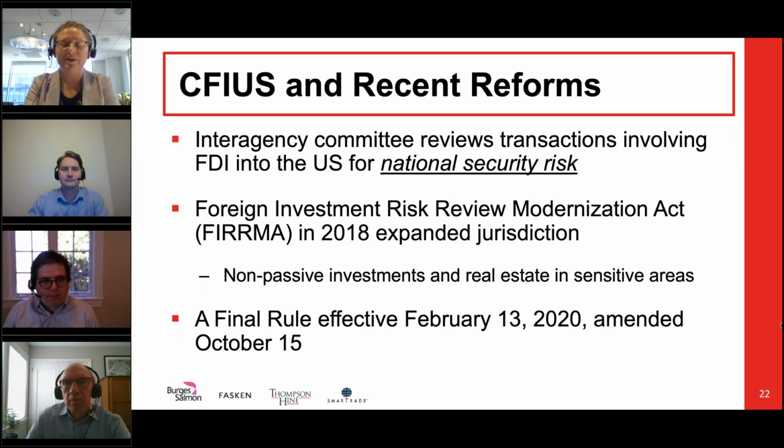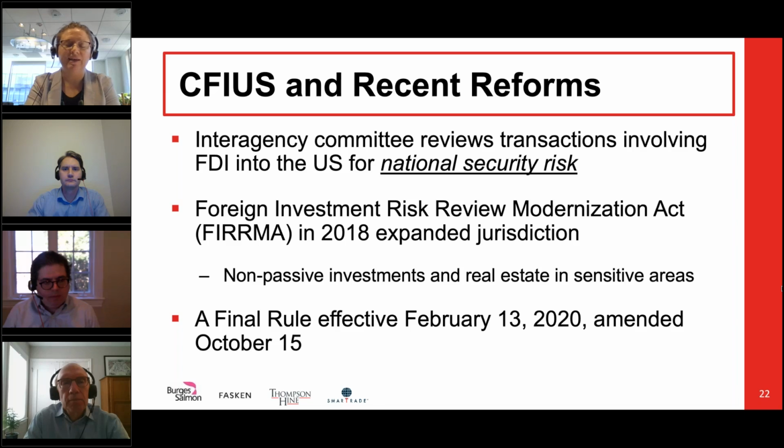So I will, like I said, move quickly and presume a certain familiarity with CFIUS in the United States. Briefly, it's an interagency committee that reviews transactions involving foreign direct investment for national security risk.